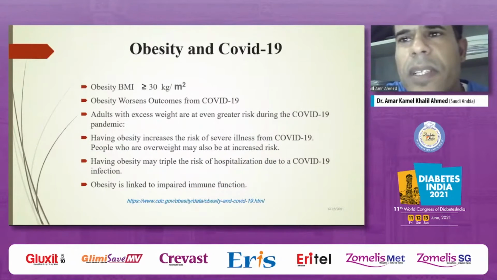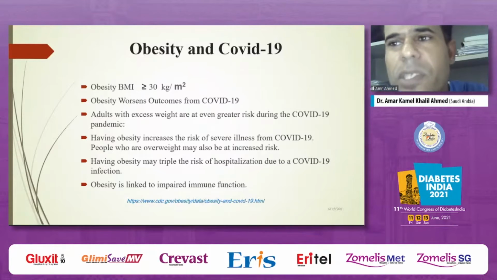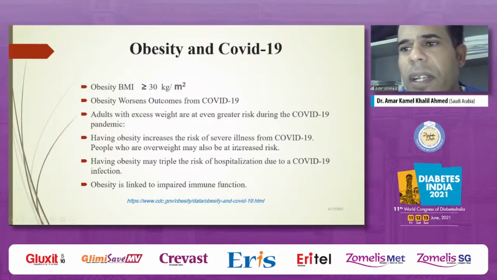Obesity is a body mass index of more than or equal to 30 kilograms per meter squared. Obesity worsens outcome from COVID-19. Adults with excess weight are at even greater risk during the COVID-19 pandemic. Having obesity increases the risk of severe illness from COVID-19.